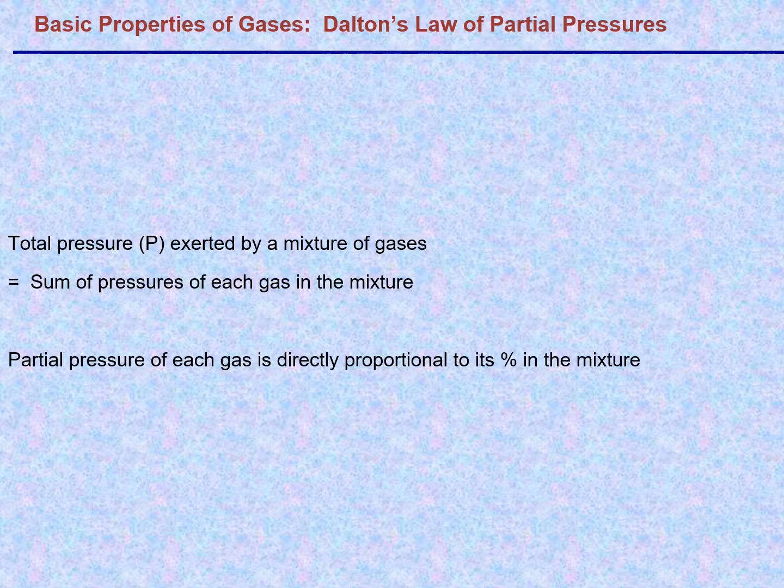Okay. Well, first of all, we'll start with a basic law, which I believe you also covered last semester, but is important, and I'll review here. It's Dalton's law of partial pressures.